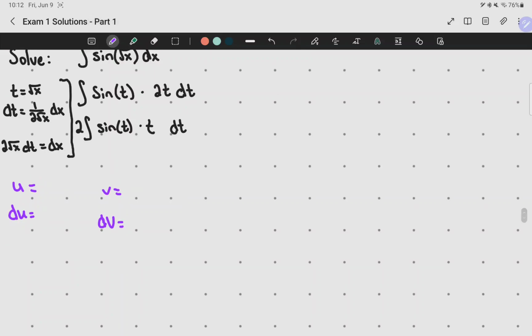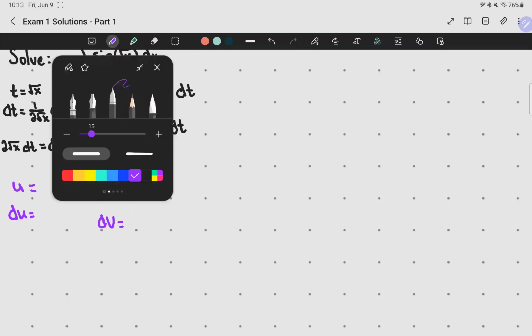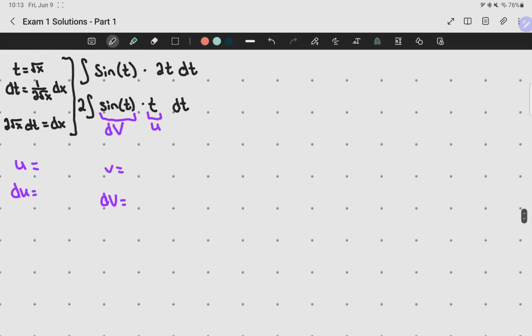In this scenario, we're going to make t our u and sine t our dv. So du is 1 dt. Our dv is going to go right here, sine of t.